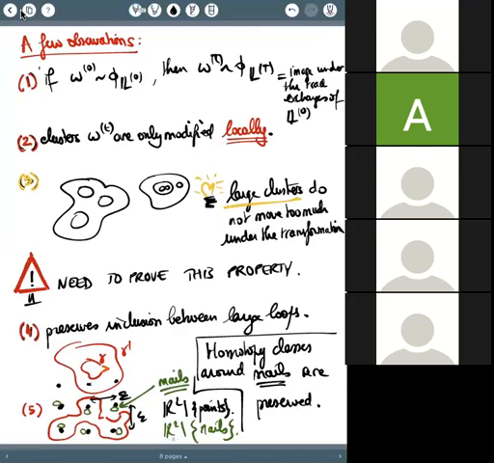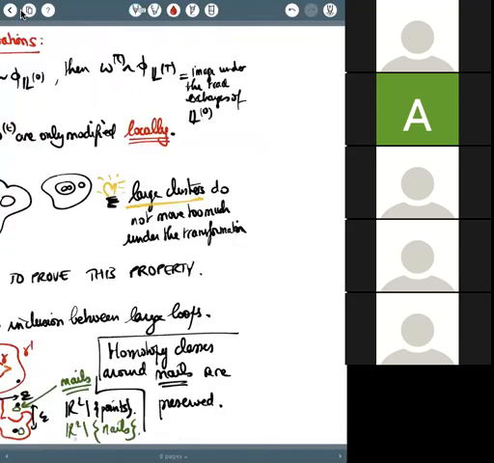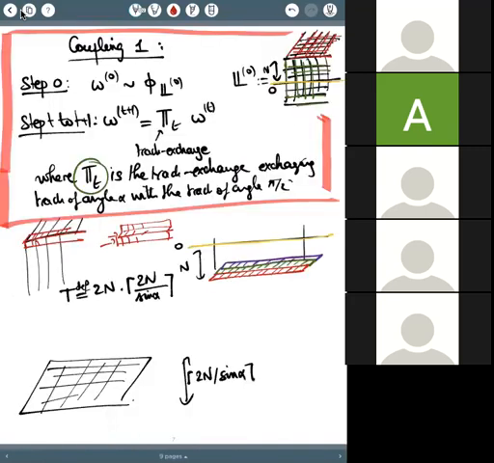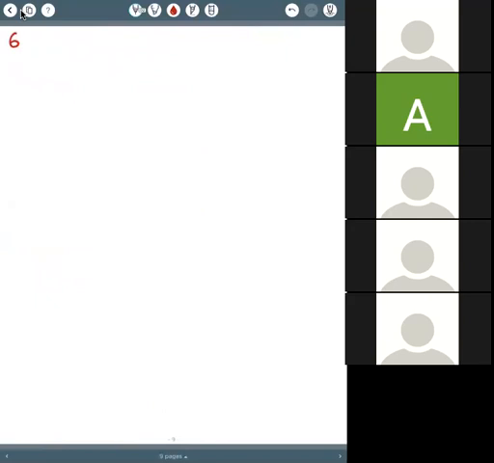So let me finish this class with a second version of the coupling. So I had the first version. Let me conclude with the second version.